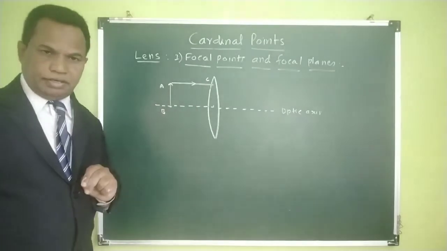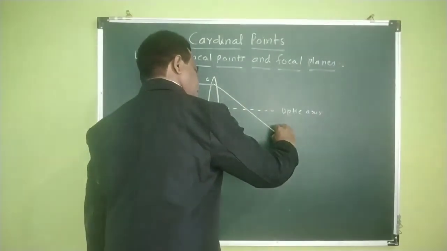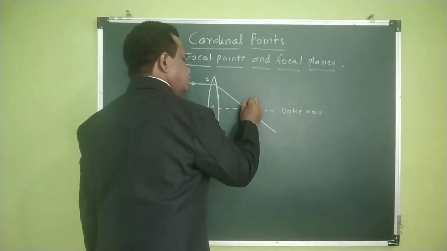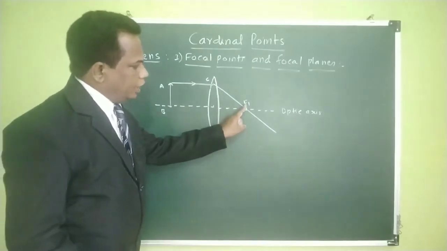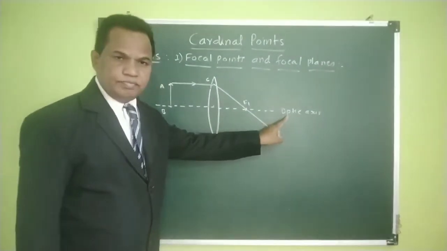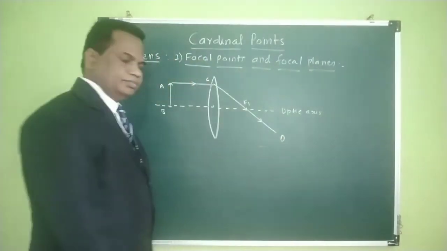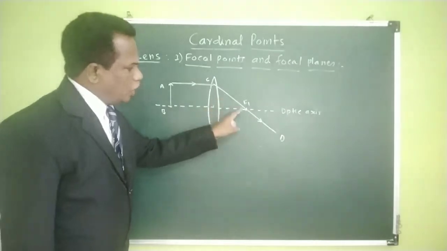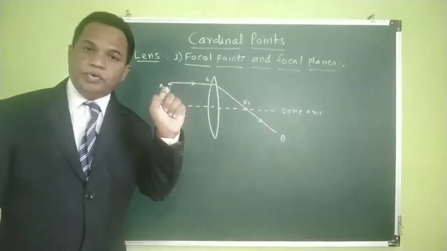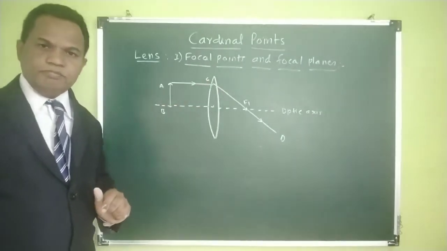After refraction, this ray will travel in this direction, CD, and goes through the point F1 on the optic axis. This point is called the focal point.